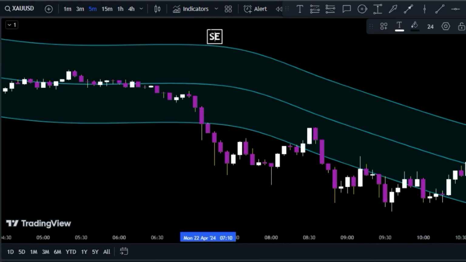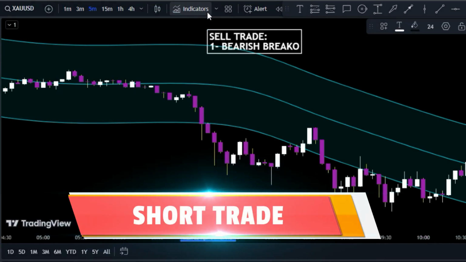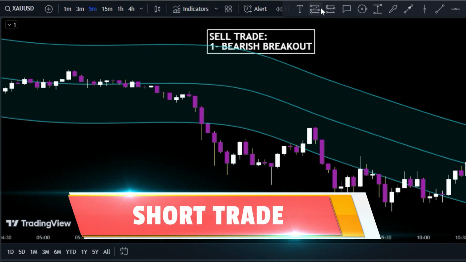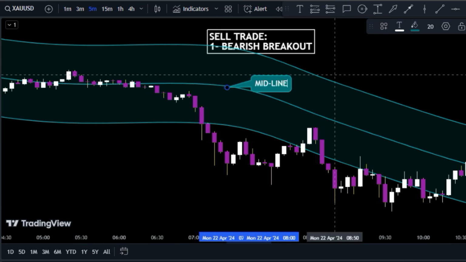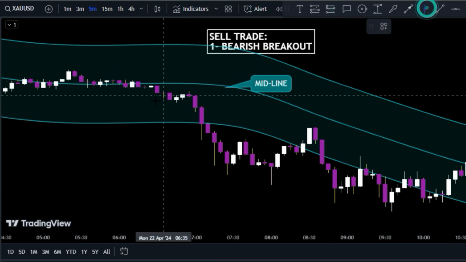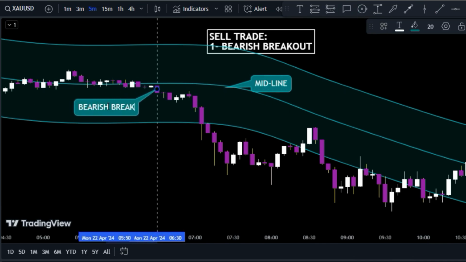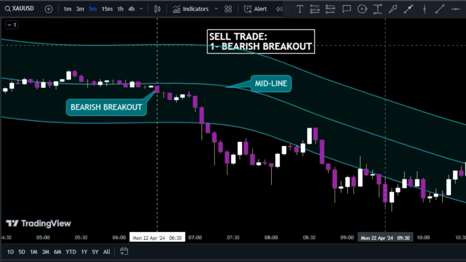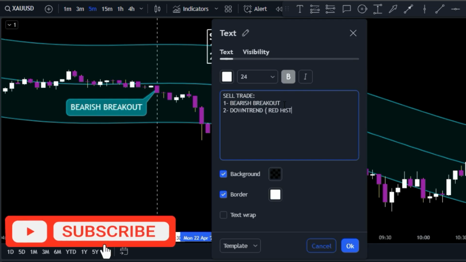And when it's time for a sell trade, keep your eyes open for a bearish breakout signal, which might appear from the midline or the lower line. Once you catch one of these on your chart, double check that you're trading in sync with the market trend.